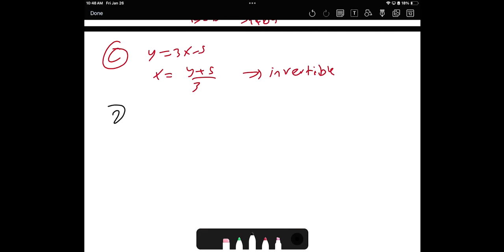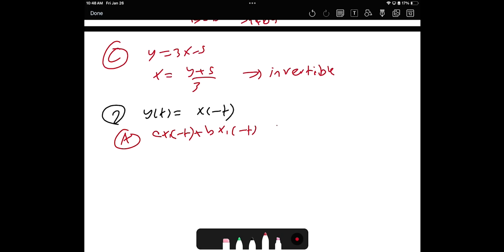Let's do another one, which is y of t equals x of negative t. Now, to check the linearity, let's make it fast. We will say that ax1 of negative t plus bx2 of negative t. That's the first thing, equation 1.